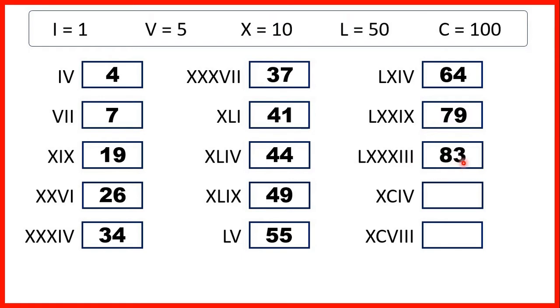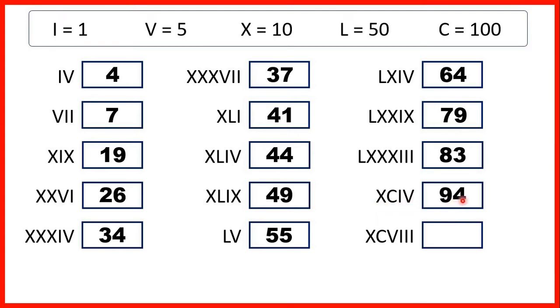LXXXIII is 83, because here L is 50 and X is 10, and if we have 50 and then 3 tens, we have 80, and then because I is 1, 3 I's is 3.